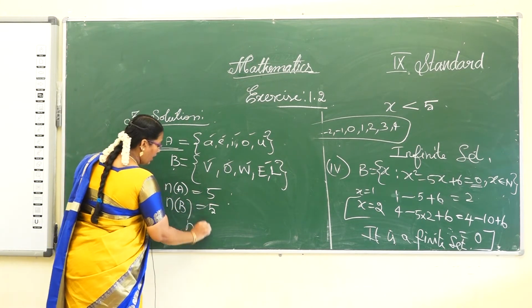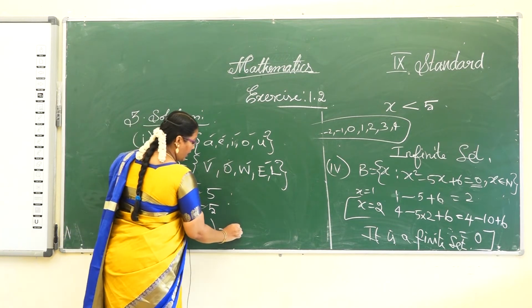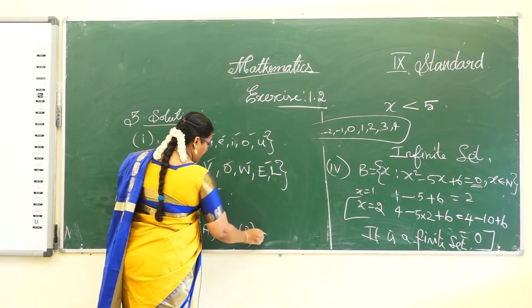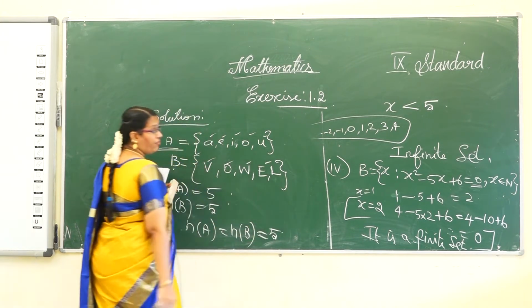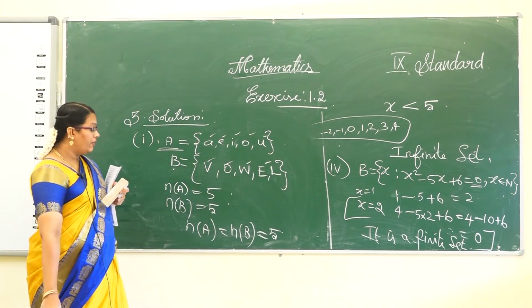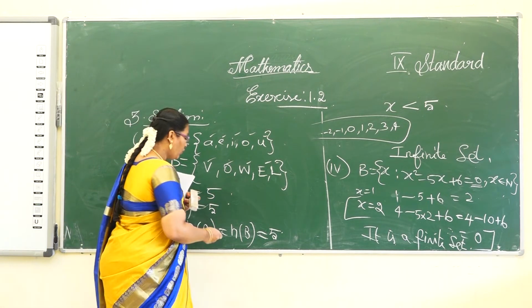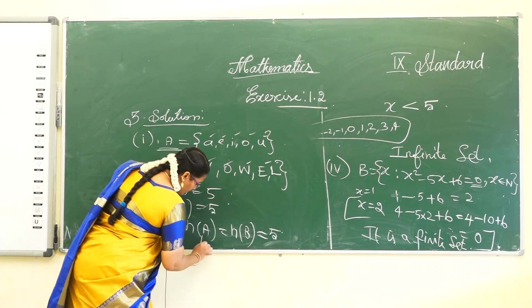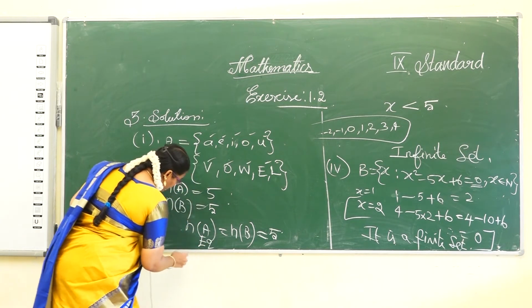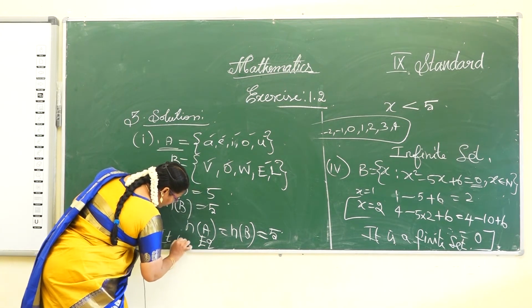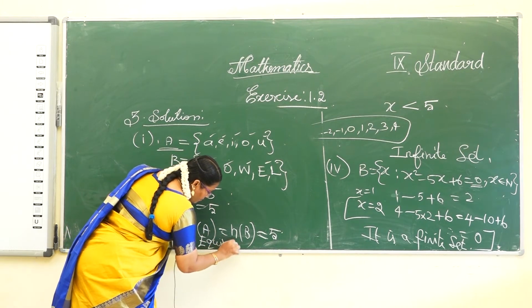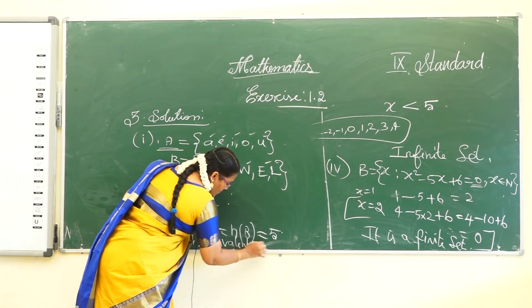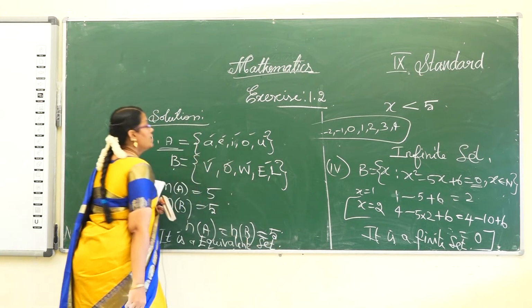So, n of A and n of B are equal. So, the number of elements of both sets are equal, so it is called an equivalent set.